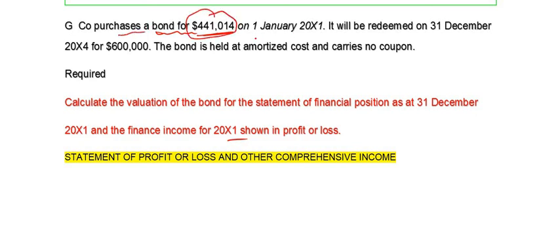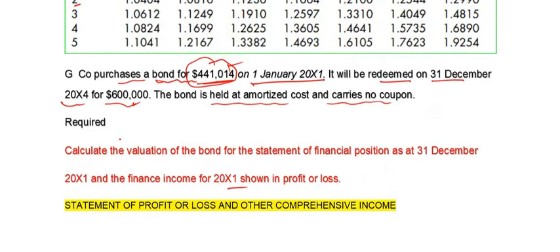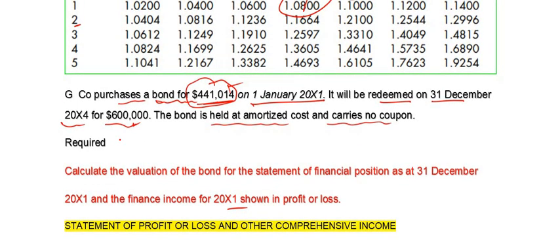This is on 1st Jan 2001, and it will be redeemed on 31st December 2004 at this amount. Now we have the purchase value and the redemption value. The bond will be held at amortized cost and carries no coupon. So there is no coupon rate, no interest rate, and no effective interest rate.